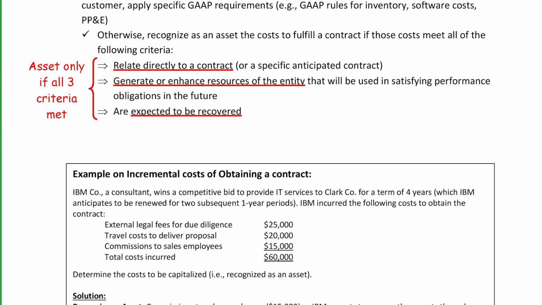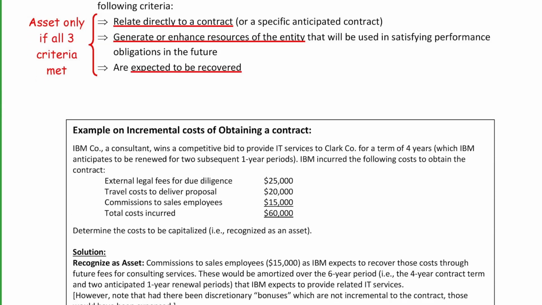The example that we have on this page is about incremental costs of obtaining a contract. IBM, that's a consultant, wins a competitive bid to provide IT services to Clark for a term of 4 years, which IBM anticipates to be renewed for 2 subsequent 1-year periods. So basically 4 years initial term plus expected renewal for another 2 years, total of 6 years that we're talking about.